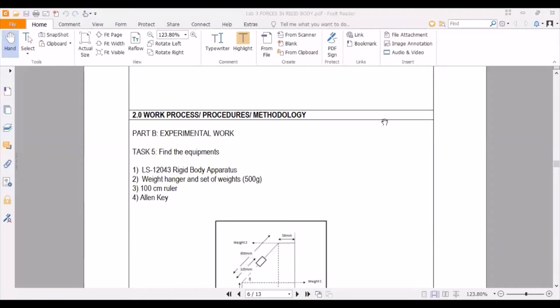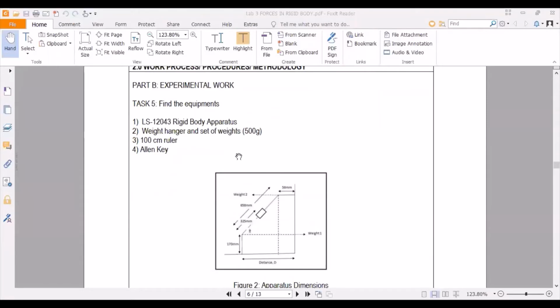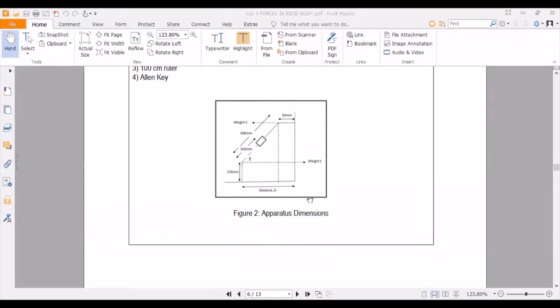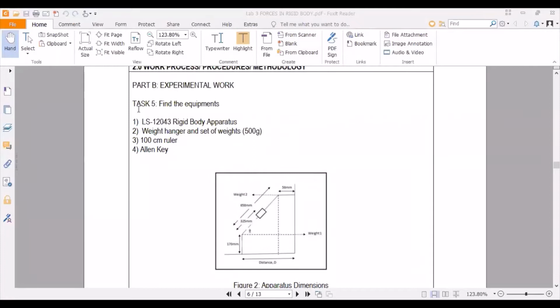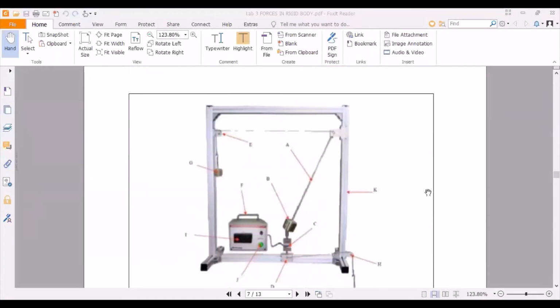For that, we go to experimental work. In the experimental work, you can see in part B that all the apparatus and equipment names are already put in this part.